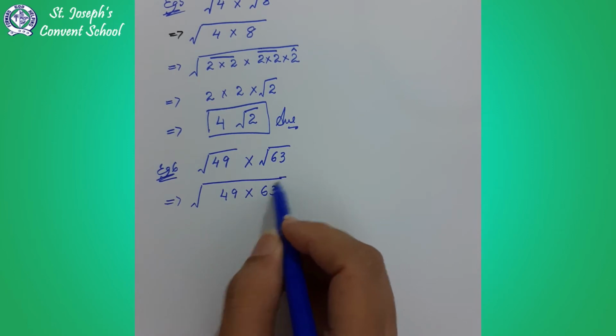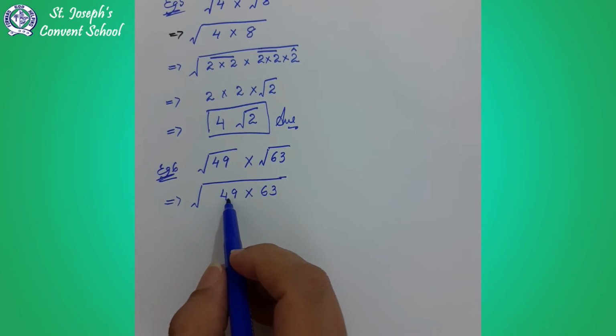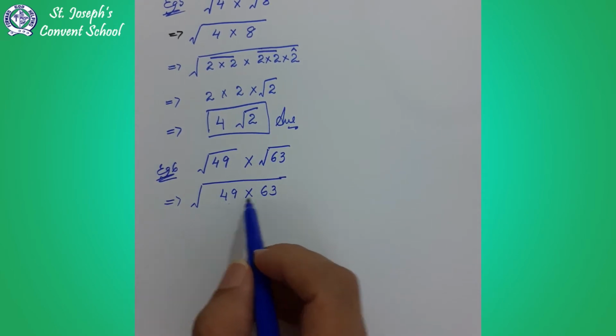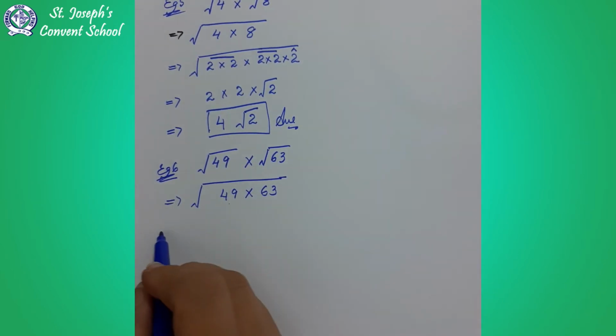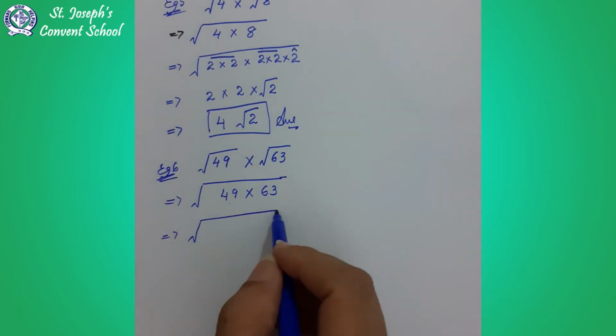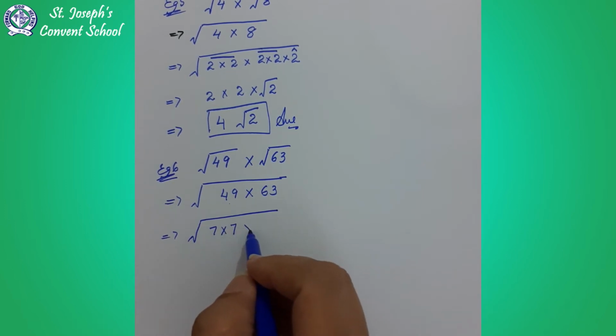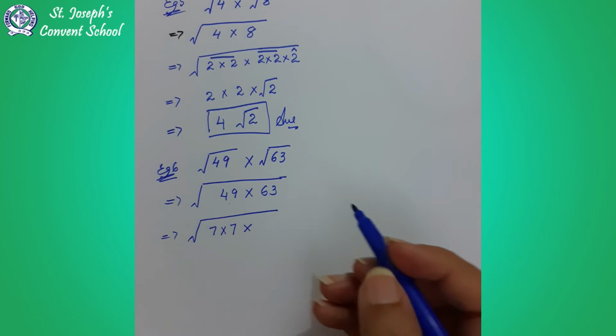Don't multiply it, it is wrong. First find the factors of 49, in which table it goes, then find the factors of 63. Factors of 49, it goes in the table of 7. 7 into 7 is 49.